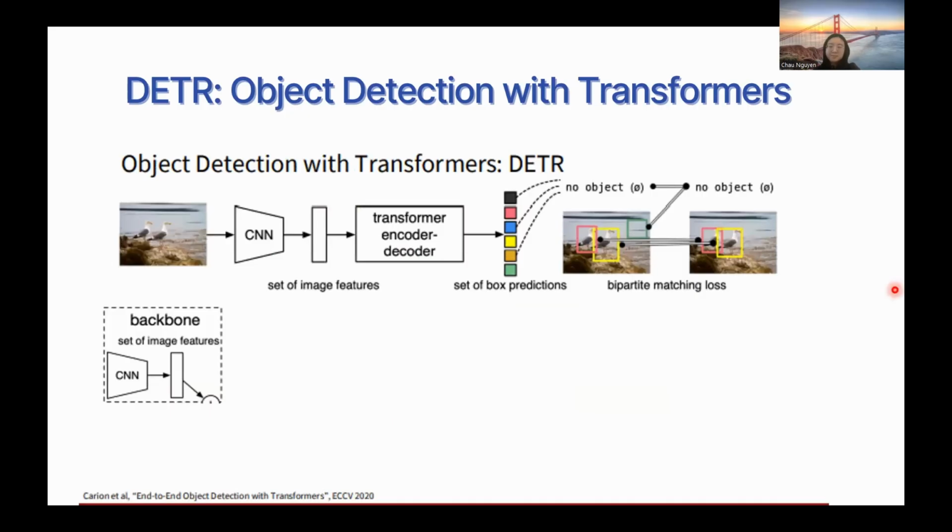Overall, it still needs a little bit of a CNN in the beginning, but then it passes it through a transformer encoder-decoder network. Then it leads into a set of box predictions, and it will use bipartite matching loss in the prediction heads.